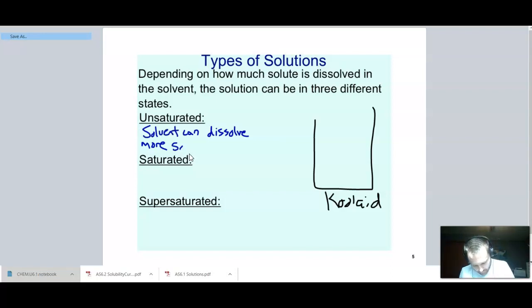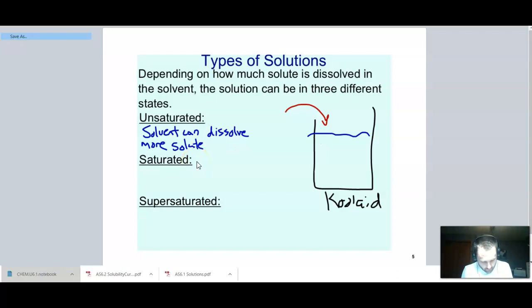Can dissolve more of the solute. So that'd be like if you're making Kool-Aid and you have your water line, you dump in some of the Kool-Aid powder, and then it all disappears, right? You can't see it. It's still there because you would be able to taste it. So that is going to be unsaturated because the solvent can dissolve more of the solute, right? You dump in even more Kool-Aid now, and all of that is going to dissolve, and so it was able to take more.